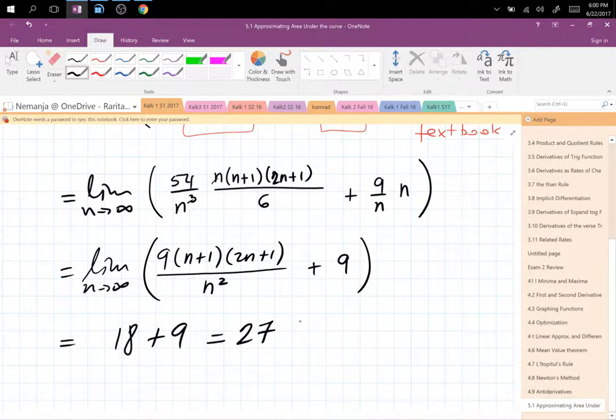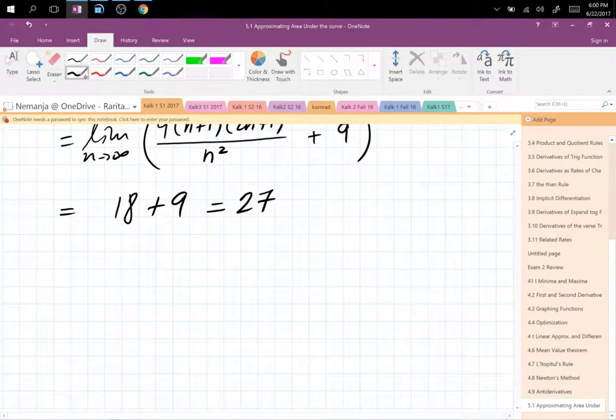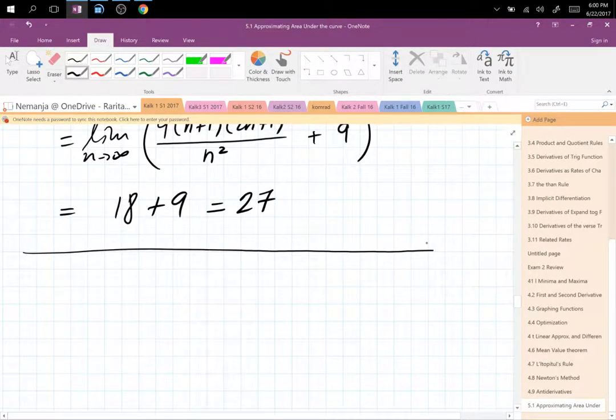So let's see another example of this. One from the textbook. 4 minus x squared from negative 2 to positive 2. So f of x is 4 minus x squared from negative 2 to positive 2.